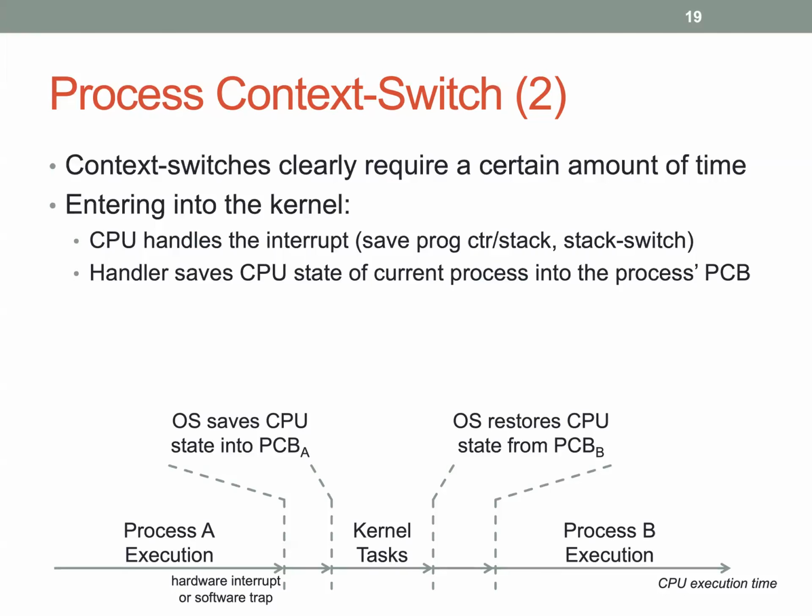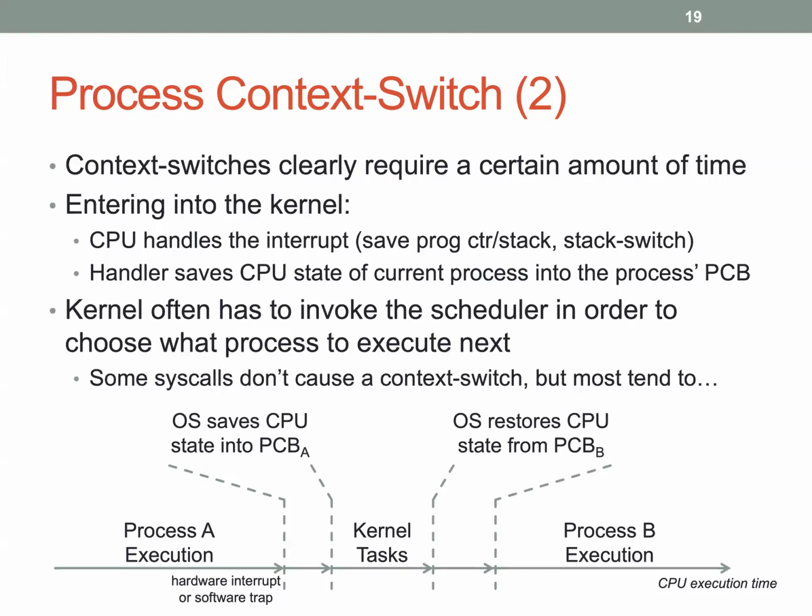And then the OS interrupt handler or trap handler has to save the rest of the information. So that takes a little time. The kernel has to invoke the scheduler. Let's assume that the OS doesn't suck. The scheduler is as fast as it can be, but it still takes time.